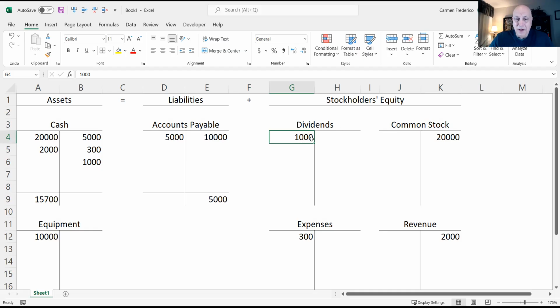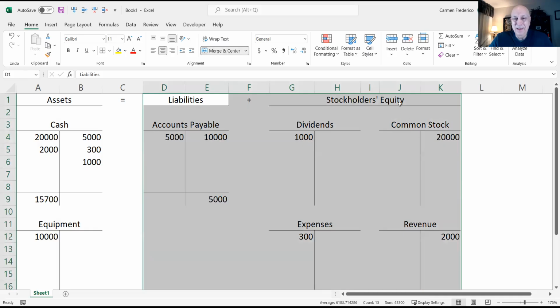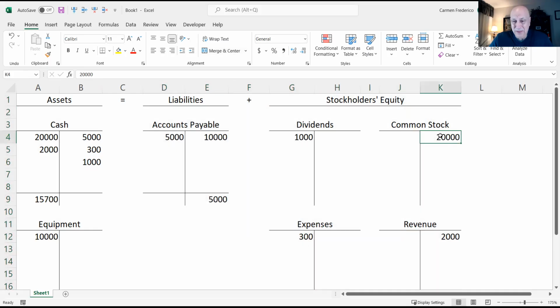So dividends are on the left side. Why is that? Because what do dividends do to equity? Dividends reduce equity. So anything that reduces equity goes on the left side. Increases on the right, decreases on the left. When owners invest money into the business, that increases equity. When owners get money back as a reward, in terms of dividends, that is decreasing their equity.